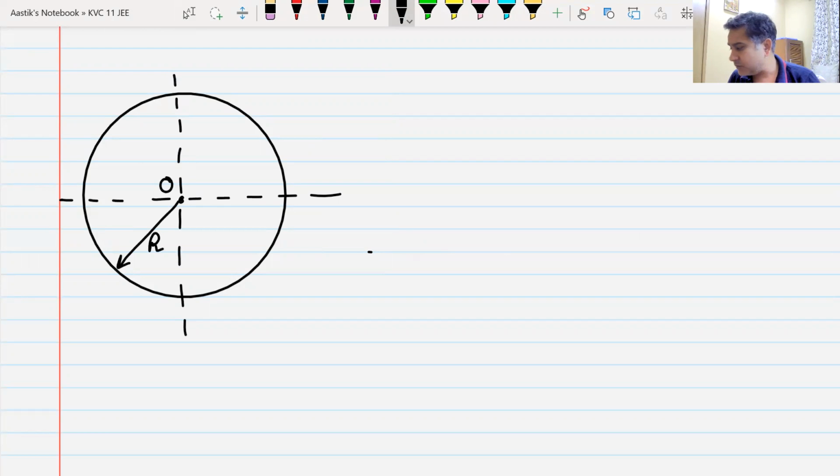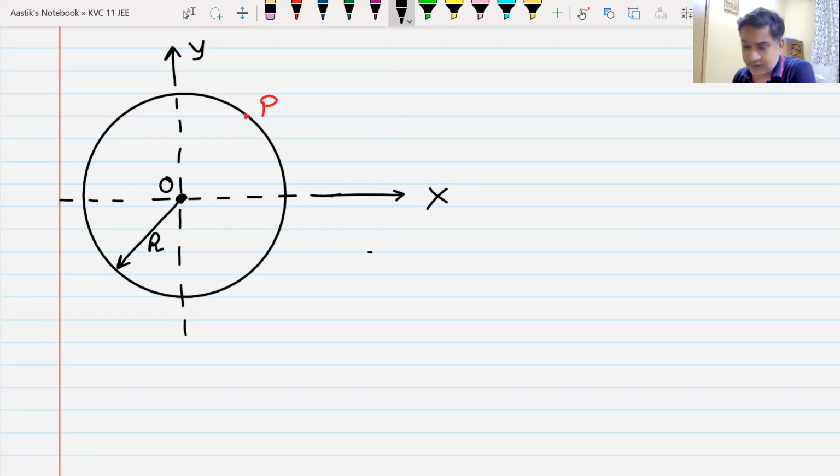If someone asks you, how will you give the position of that particle? One way of giving the position of the particle, let us say the particle P is here, is that we can always make one axis the x-axis along this line with the center as origin, and I can make my y-axis along this line with the center at the origin.